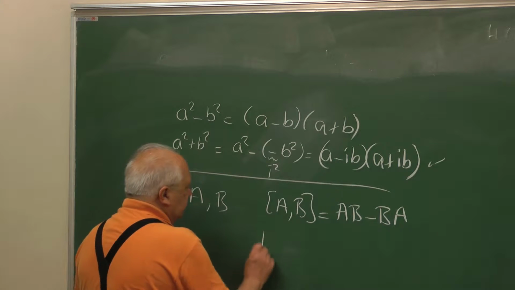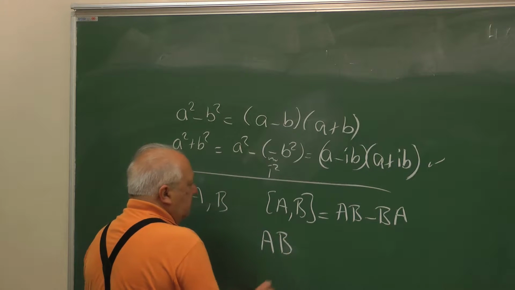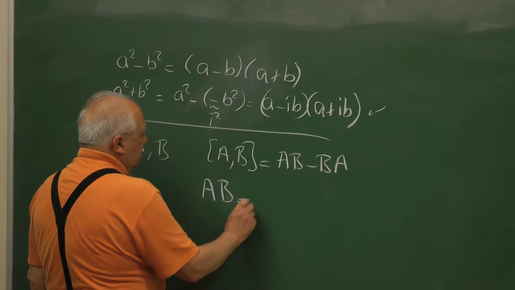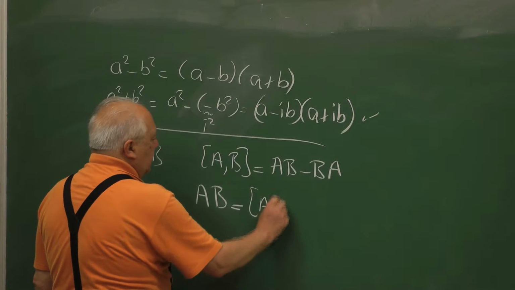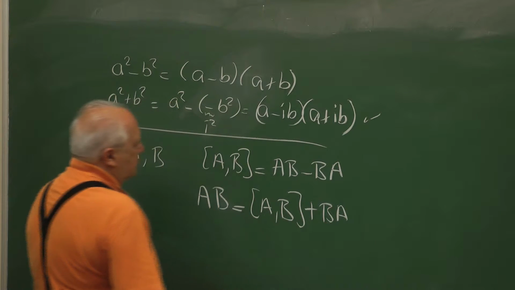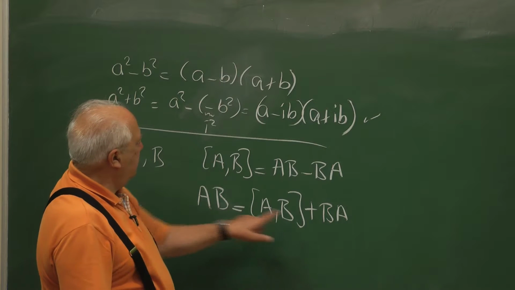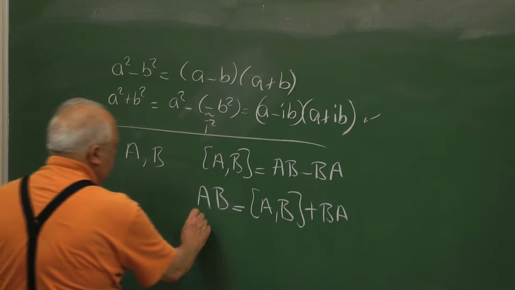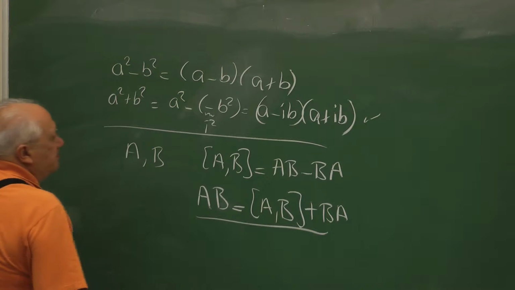So, for example, if we are given AB and we would like to write it in the form of BA, we will do it like this: AB plus BA. As you see, AB minus BA, that's back to that definition. We shall use this one a lot in the problem.